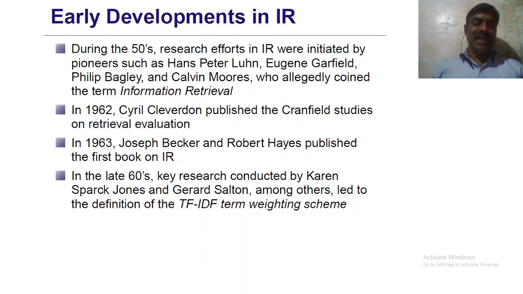In 1963, Joseph Becker and Robert Hayes published the first book on IR. In the late 60s, key research conducted by Karen Sparck Jones and Gerard Salton, among others, led to the definition of the TF-IDF term weighting scheme.